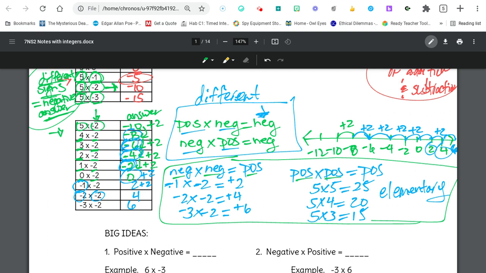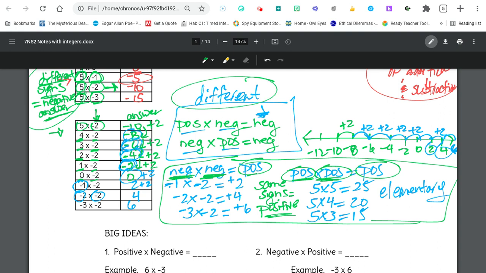My problems were both the numbers in the problem were both negative. Here the numbers in the problem were both positive. But when they were the same signs, I got a positive. Even if they were both positive, I got a positive. If the numbers in the problem were both negative, I still got a positive.